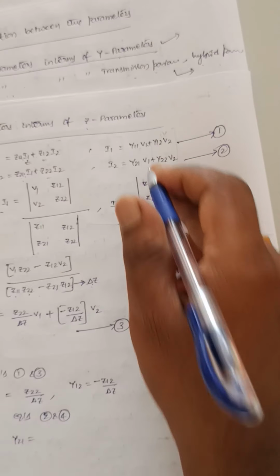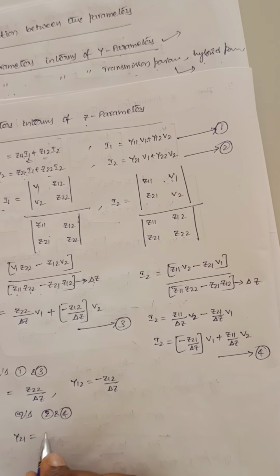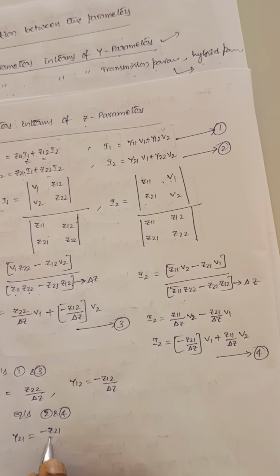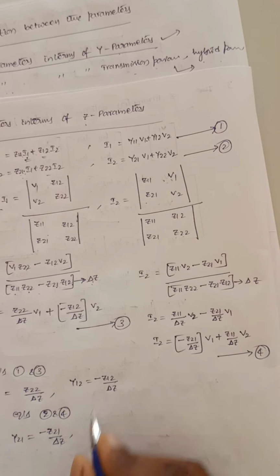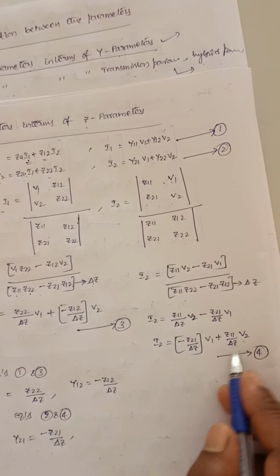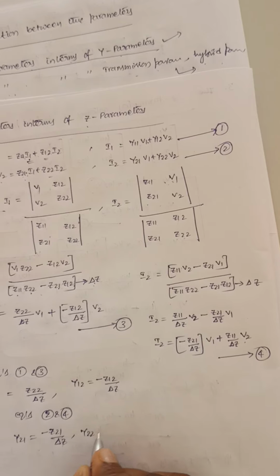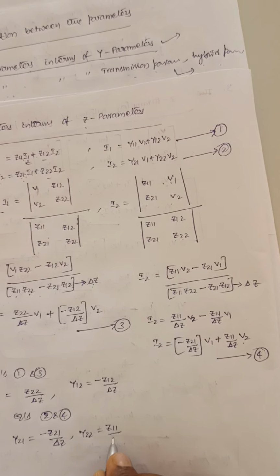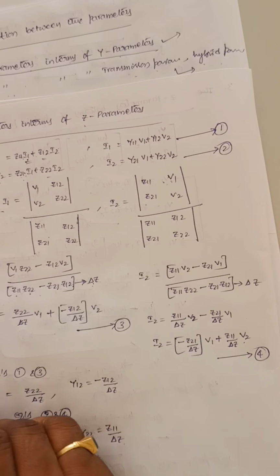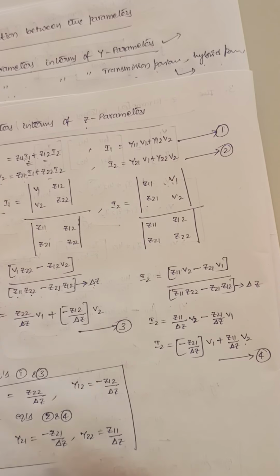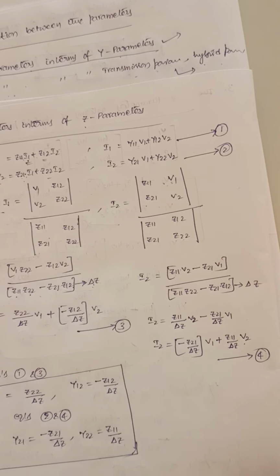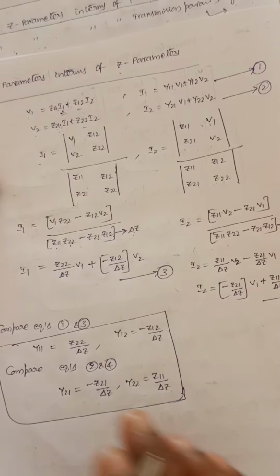Y21 is equal to minus Z21 divided by delta Z. Next, the coefficient of V2, Y22, is equal to Z11 divided by delta Z. So this is how we can find the relation between the Y parameters in terms of Z parameters.